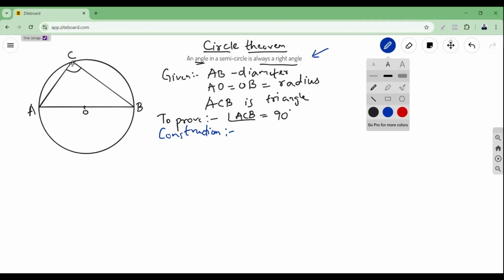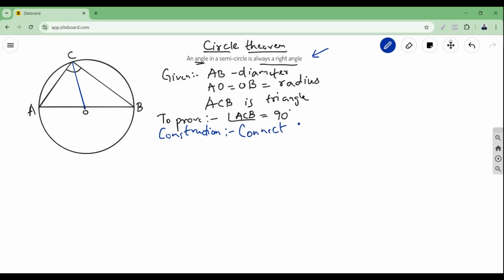That's all. Why? Because if a radius is there, what happens? I'll get one more triangle using which I can do many things. So I'm going to connect the radii. Radius OC. I'm going to connect OC. Now, OC is also a radius and OC is equal to OA because it's the radius again.